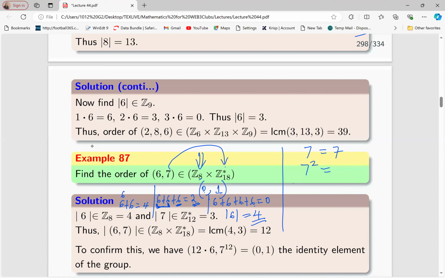How many times does 18 go into 49, and what is the remainder? 49 divided by 18, you go there twice. So the remainder is 13.